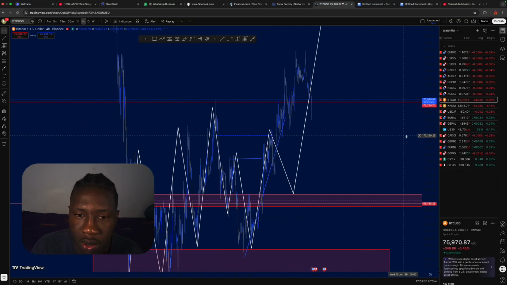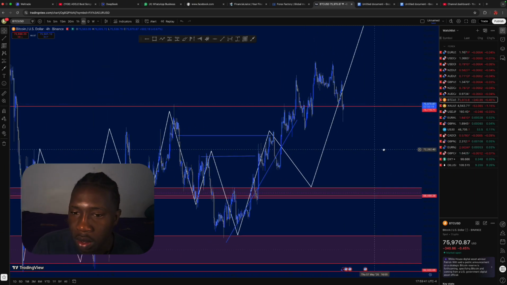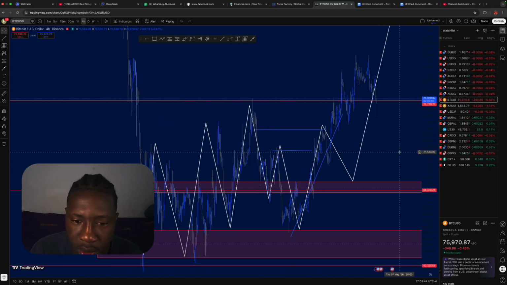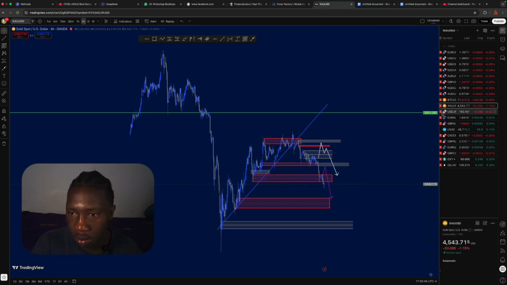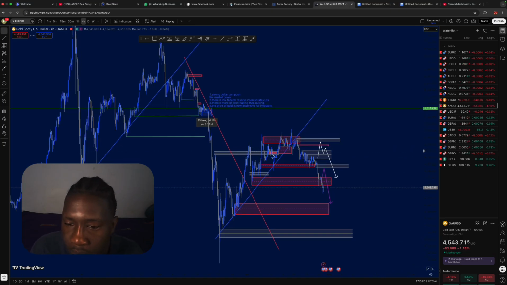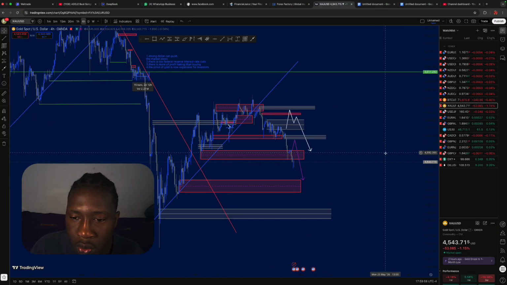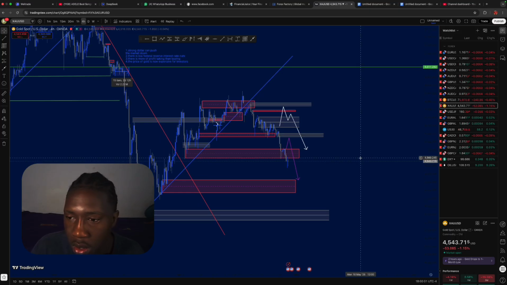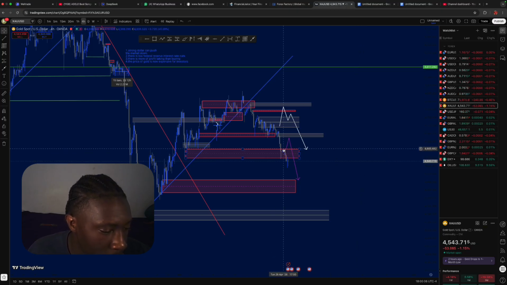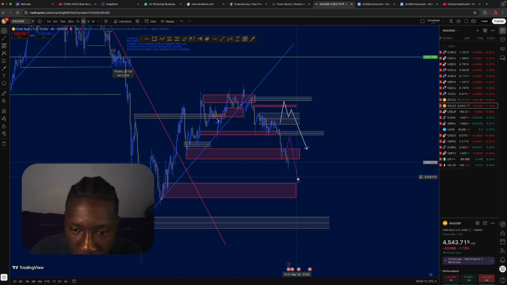BTC USD is now moving down from the 79 highest point. It is now moving to the downside. XAU USD. Yesterday I said we need a movement to the upside, and the market did give us a movement to the upside and then continuation to the downside.